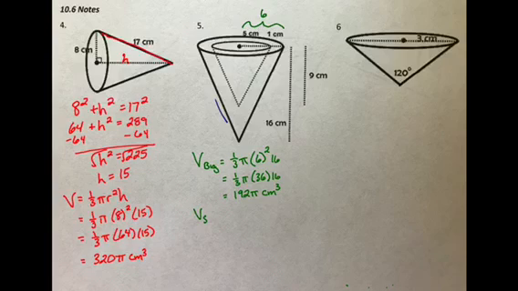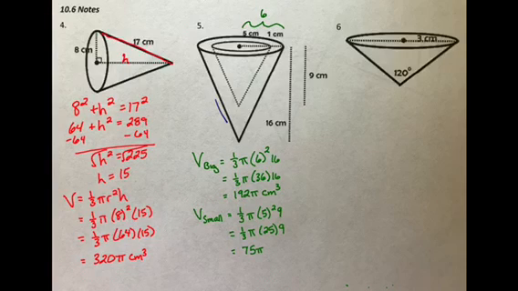Then I find the volume of the small cone. So I'll take 1/3 pi. This time the radius of the small cone is just the 5, and then the height of the small cone is 9. So I have 1/3 pi times 25 times 9. So when I take 1/3 times 25 times 9, I get 75 pi.